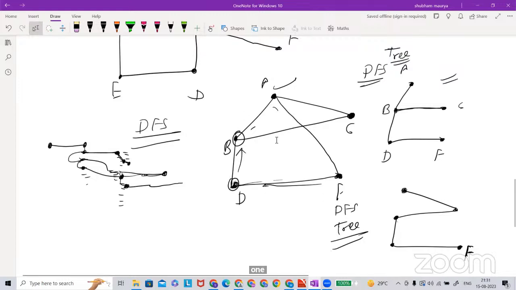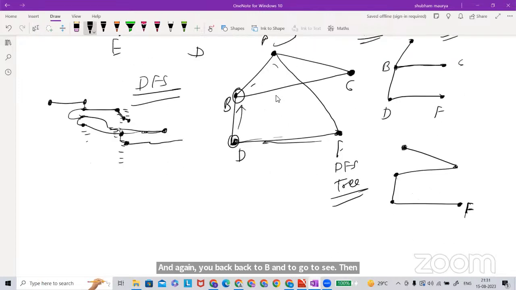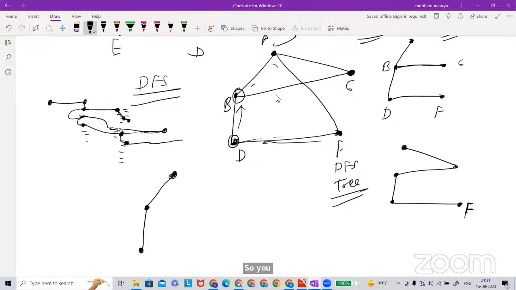So let's do it from D. From D we reach B, and from B you said A. From A we are exploring, so we will go to an unvisited vertex.